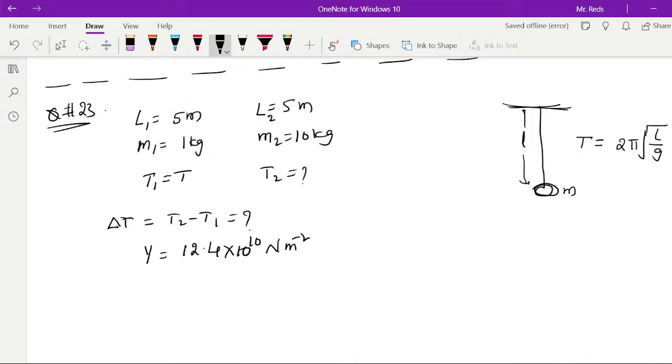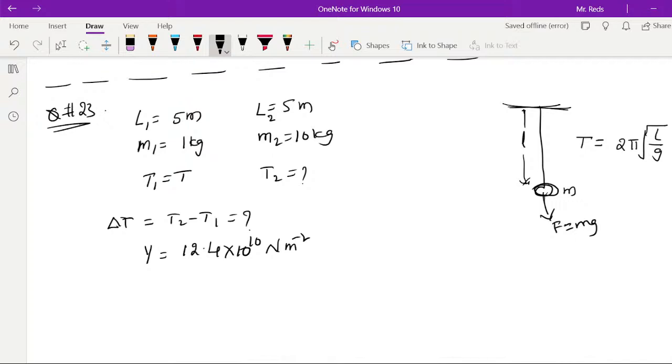Now, when mass increases, what happens? Force increases here, because of this mass there will be a force, F is equal to mg. If you replace 1 kg with 10 kg, mass increases, so force increases, so the extension in length will increase, right?